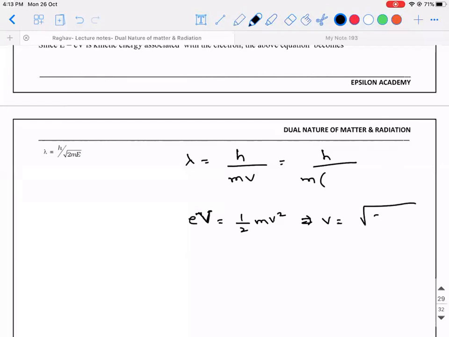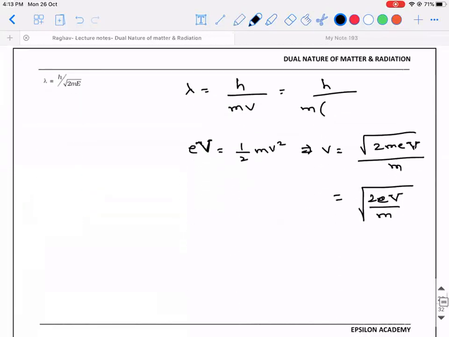It will be root of 2 into eV, the whole divided by m. So this will be square root of 2eV divided by m. Right? So take this and substitute it here. Then what will you get? Lambda will be equal to h divided by m into root of 2eV divided by m.